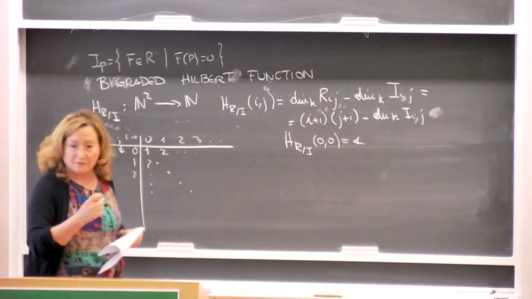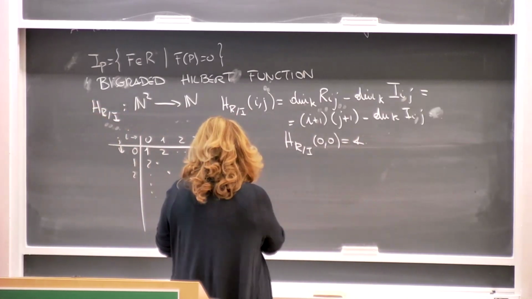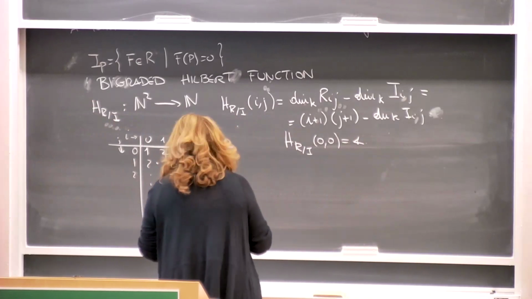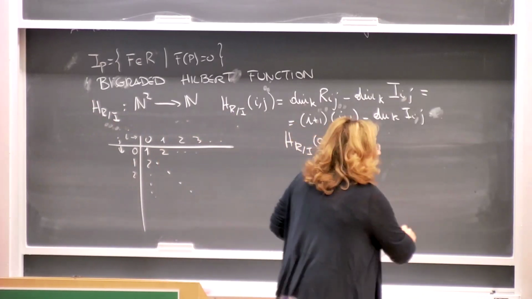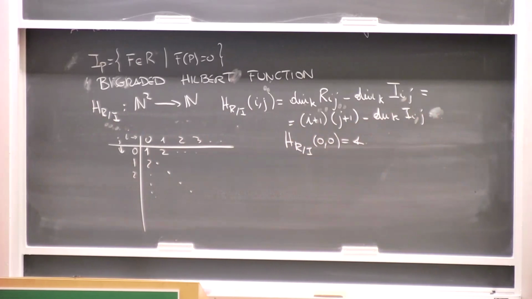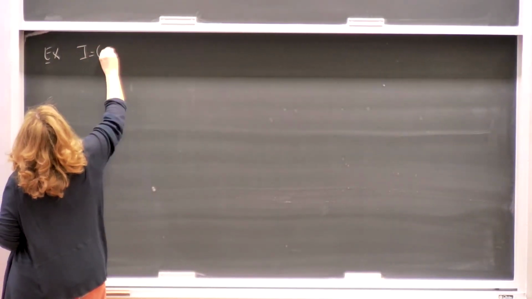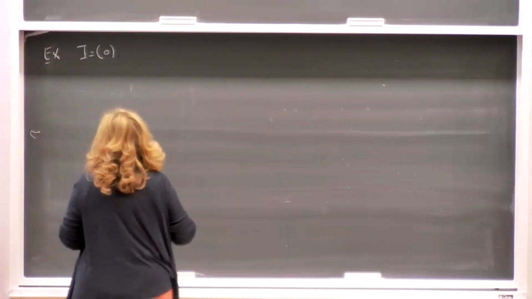Of course, then we can have 2, it depends on what we are doing. Let's make an example. For example, if the ideal is 0, which is the Hilbert function?